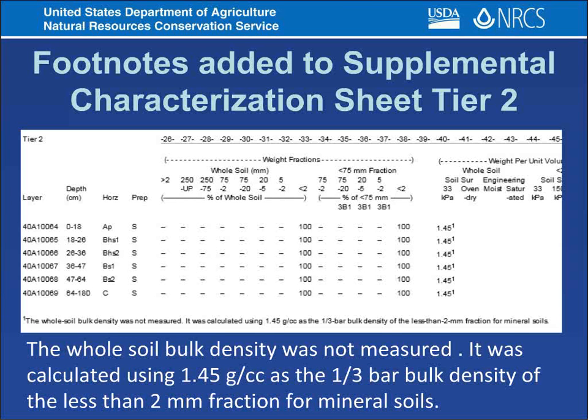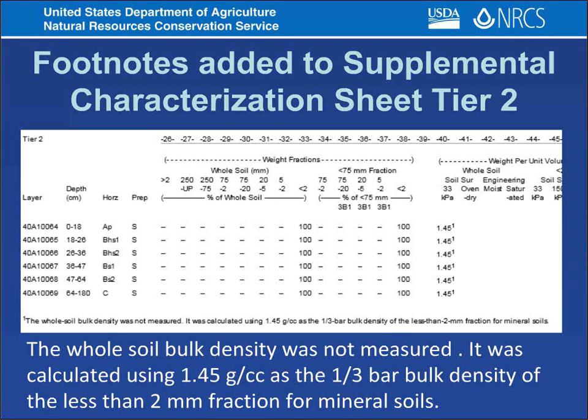Buried in the documentation, there's a footnote that says that if we don't have a bulk density that's measured, our laboratory information management system will apply a default value of 1.45 when doing calculations on this particular sheet. And sometimes 1.45 is appropriate and sometimes it's not.